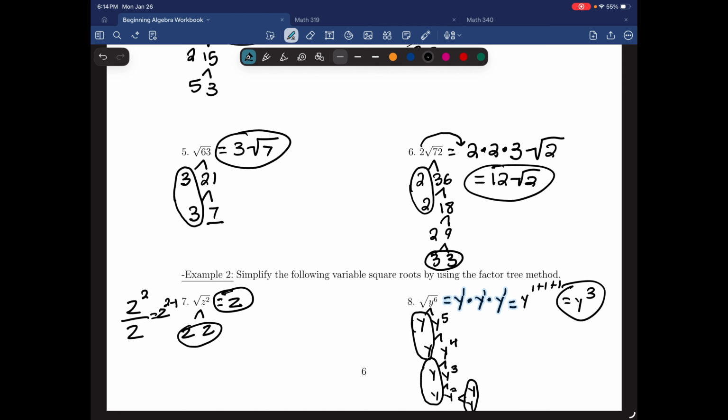Now, before I go on to the other examples, I want to create a note here. Notice when we created these factor trees, we found how many squares, in essence, we can pull out of that exponent. For example, notice that the square root of y to the 6th power equals y cubed. The square root of z squared equals z.